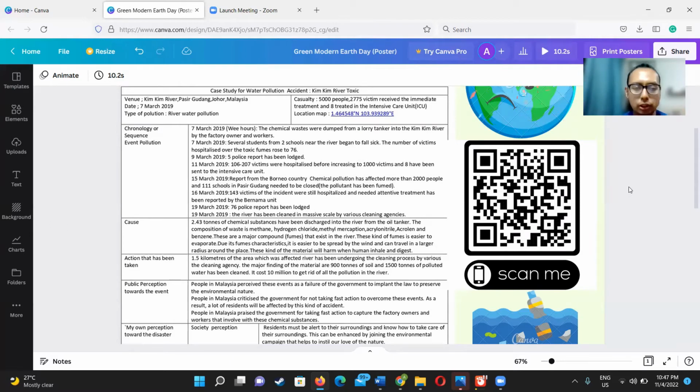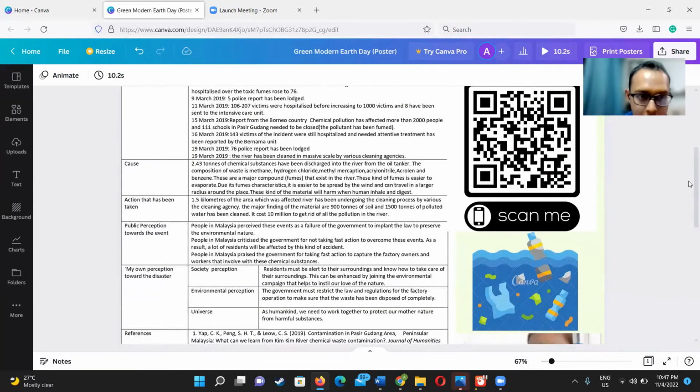On 16 March 2019, 143 victims of the incident were still hospitalized. And on 19 March 2019, 76 people reports were launched. At the same time, the river was cleansed on a massive scale by various cleaning agencies. So next, we go to the cause.